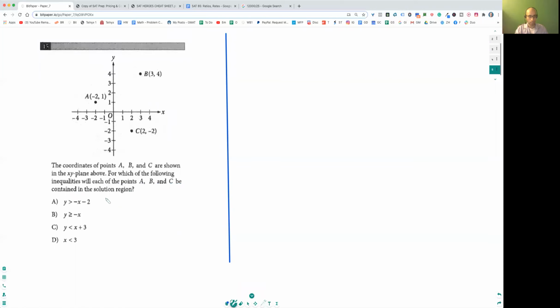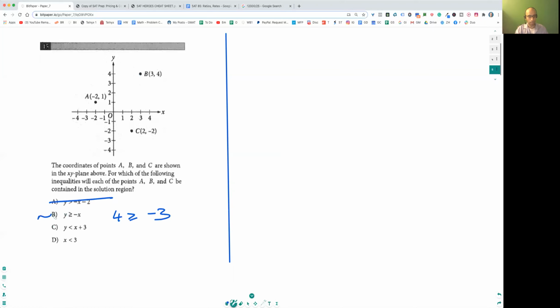You want to check y, which is 4, is it greater than negative 3 minus 2? So 4, is it greater than negative 5? I don't think so. So this point doesn't satisfy this. So it's gone. The same thing over here. Y is 4, is it greater than or equal to minus 3? Yeah, it works. So maybe it works.